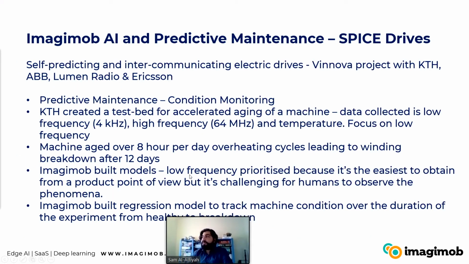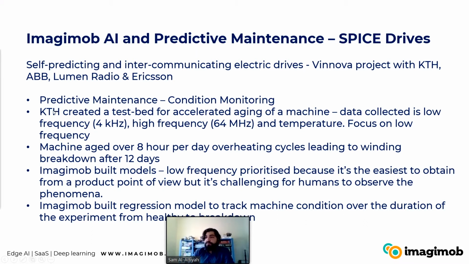So yeah, let's go into the SPICE Drives project. The SPICE part refers to self-predicting and intercommunicating electric drive. It's a Vinnova project that we're running with KTH, ABB, LumenRadio, and Ericsson, and it's a classical case of predictive maintenance.